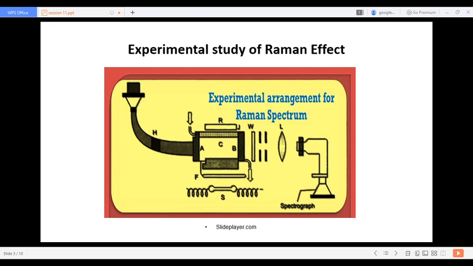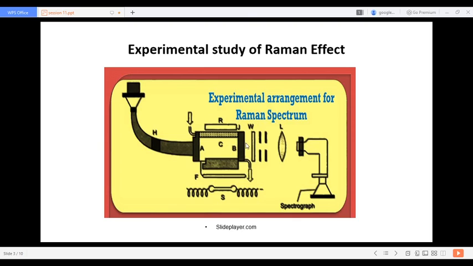The apparatus was further modified by R.W. Wood. The apparatus consists of a cylindrical glass tube AB of length 10 to 25 cm and cross-sectional diameter 1 to 2 cm. It is filled with pure, dust-free scattering liquid like benzene.